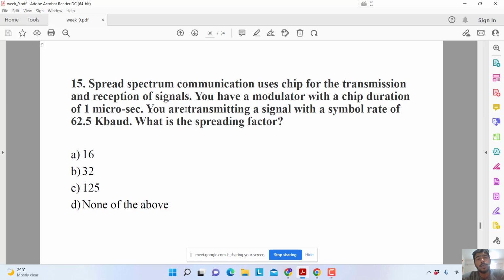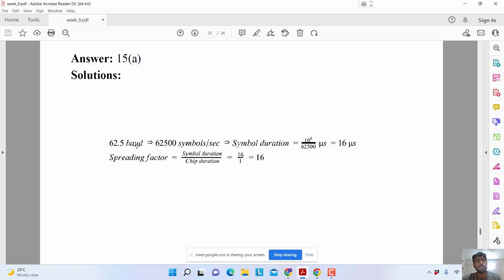To solve this question, first calculate the symbol duration using the symbol rate, which is given as 62.5 kbaud. In this question, the chip duration is given as 1 microsecond and the symbol rate is 62.5 kbaud. From this we will calculate the symbol duration. The symbol rate 62.5 kbaud you can write as 62,500 symbols per second.